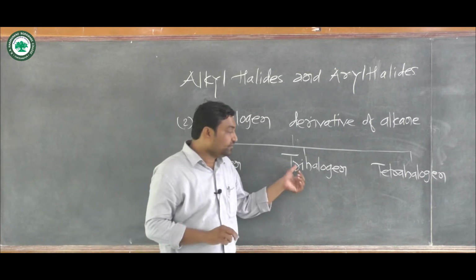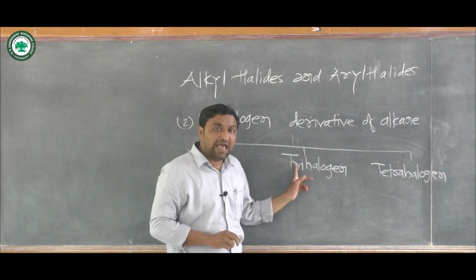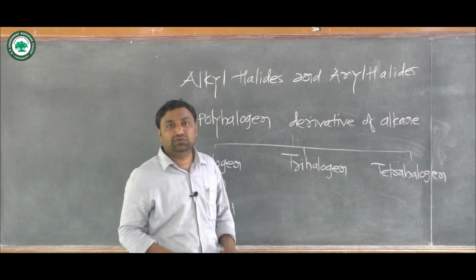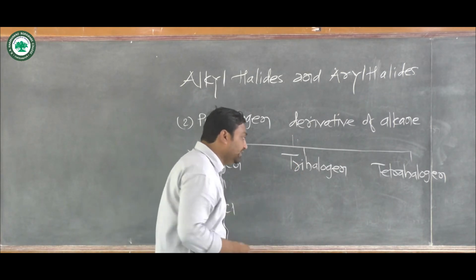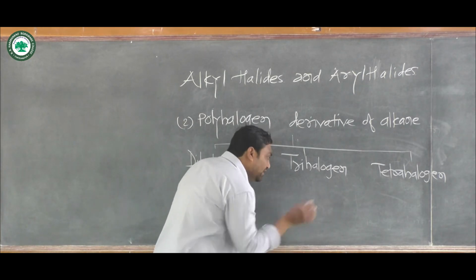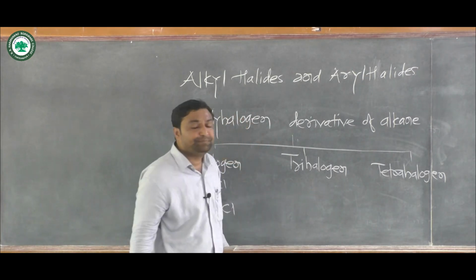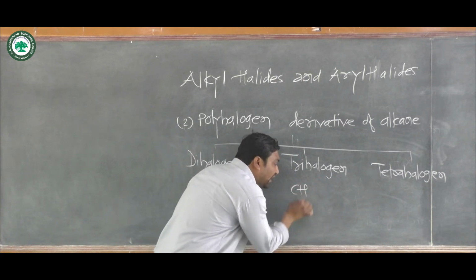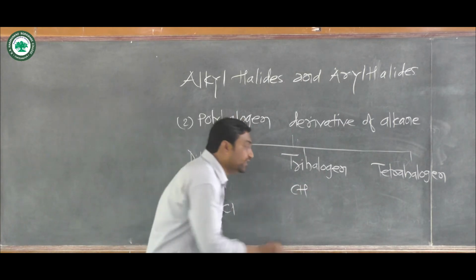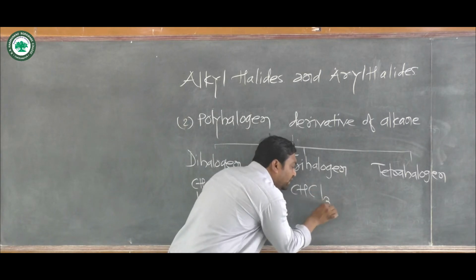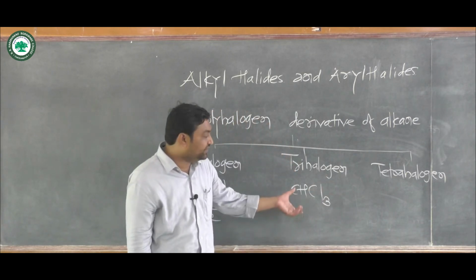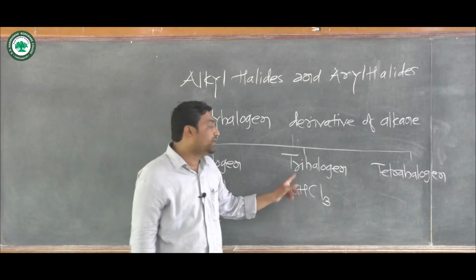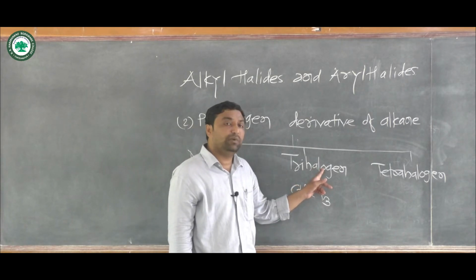Whereas in case of trihalogen derivatives of alkane, we have to replace 3 hydrogen atoms of methane or any alkane by halogen atoms. For example, here I have replaced 3 hydrogen atoms of methane by 3 chlorine atoms, which results in chloroform, a member of trihalogen derivatives of alkane.